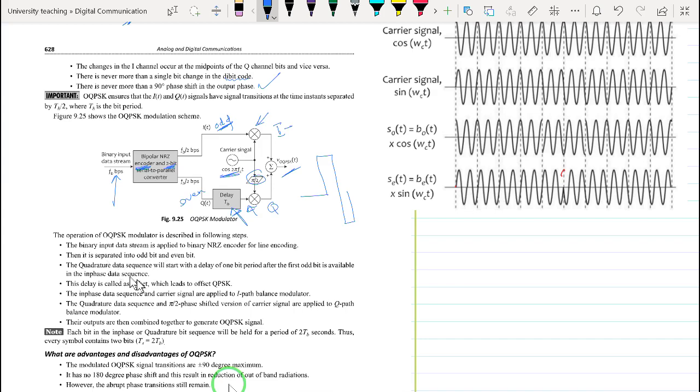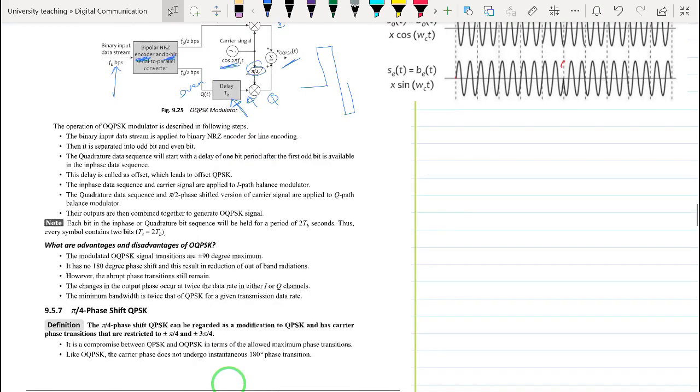So in summary, the operation of OQPSK may be summarized as follows: the bit stream is applied to a bipolar non-return to zero encoder for line encoding, and then the odd bits are separated from the even bits, and the quadrature data sequence starts with a delay of 1 bit period after the first odd bit is available. So we can see that the delay allows us to reduce the maximum phase shift that the OQPSK signal will have.